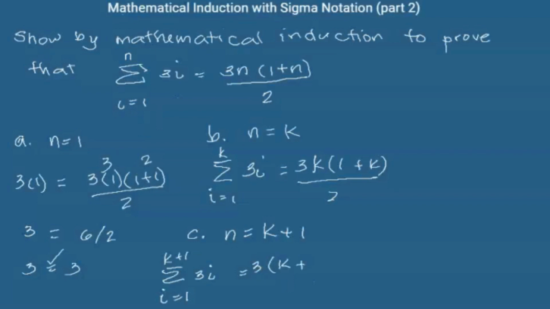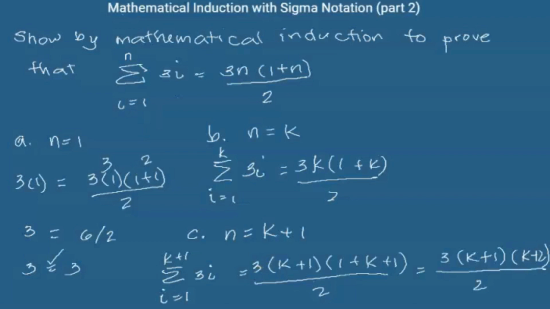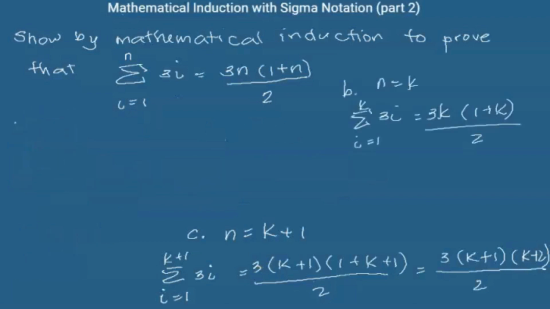So k plus 1 times (1 plus k plus 1) over 2. Let's simplify this as 3 times (k plus 1) times (k plus 2) over 2.